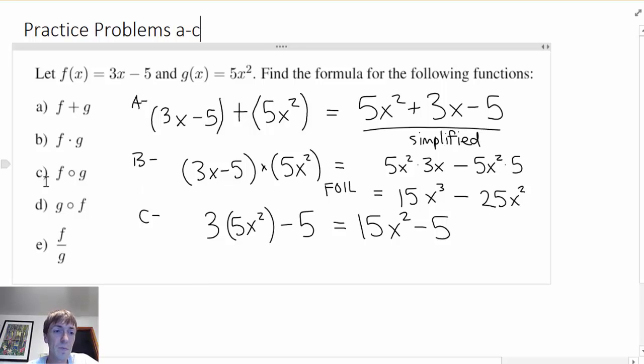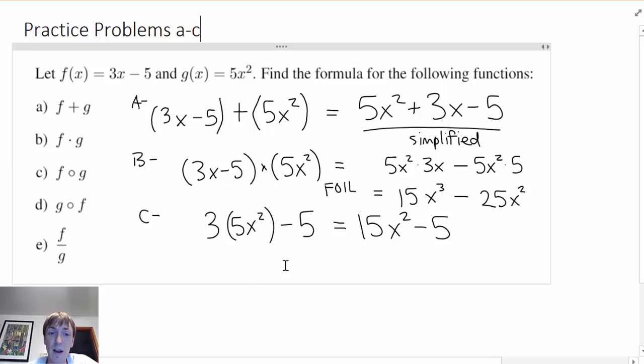Part C, this is where things get a little more interesting. We're doing that composing trick. And I have a slogan to help you out with composition. When you're taking F composed with G, you're going to take the formula for F, and everywhere you see an X, you're going to replace that X with the entire formula for G. Okay, so I'm going to say that again.